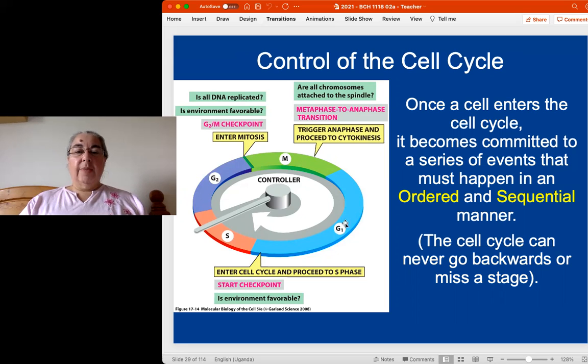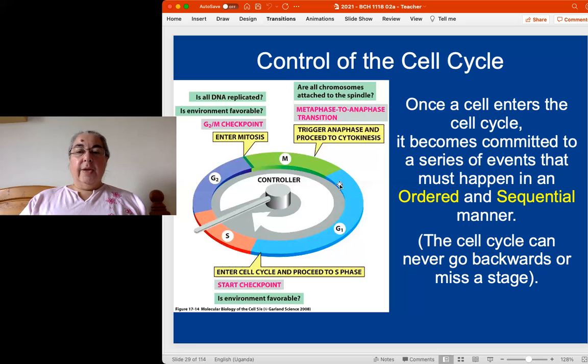It can't jump from G1 to G2 without going through S phase. It can't jump from M to G2. It can't go backwards. It can't go from M to G2 to S. These stages have to happen in the right order and in the right sequence. It can't go backwards and it can't miss a stage.